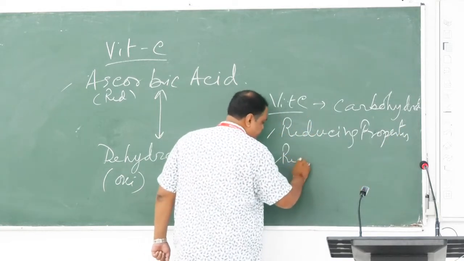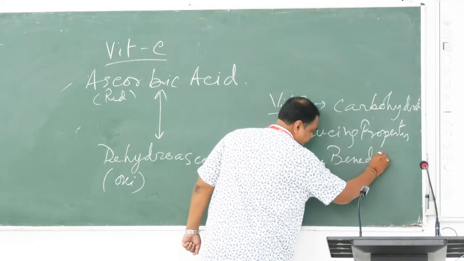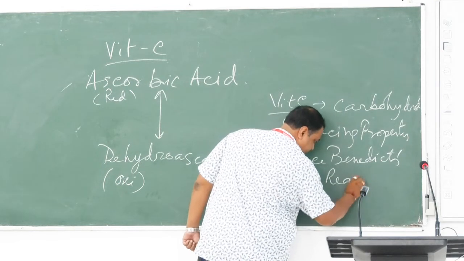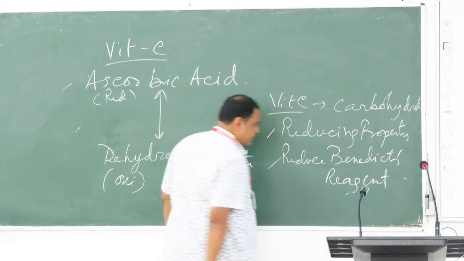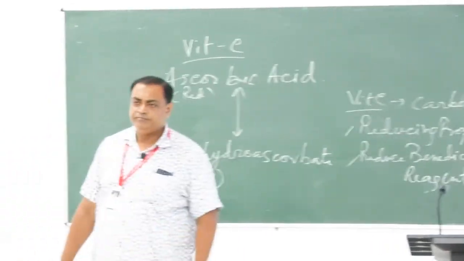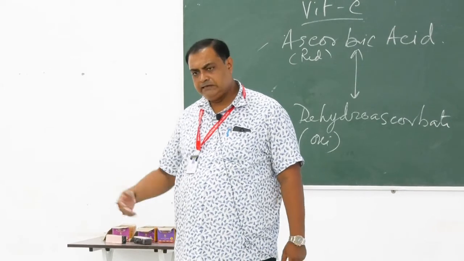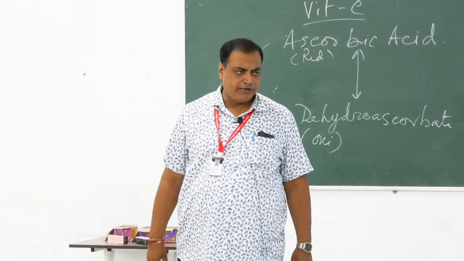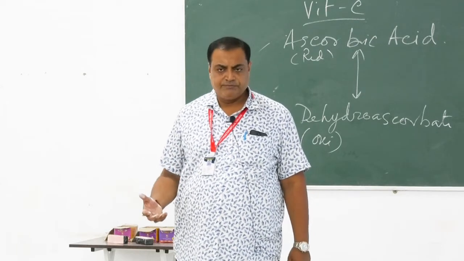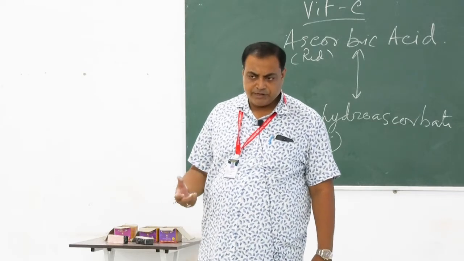It can reduce Benedict's reagent. Now, if a person is given a heavy dose of vitamin C and next day morning you test his urine, it will show Benedict test positive, meaning you will receive a red precipitate with Benedict test with urine.